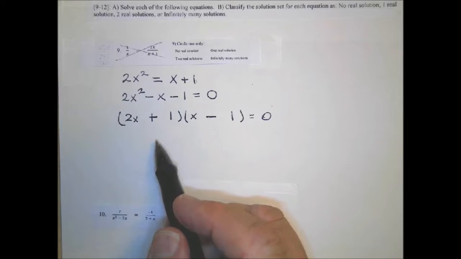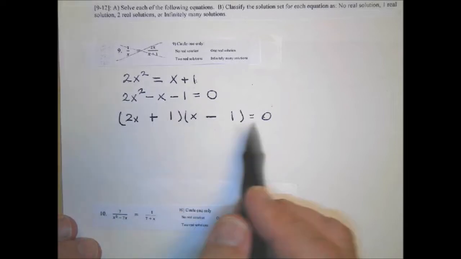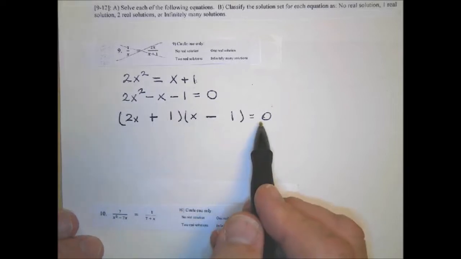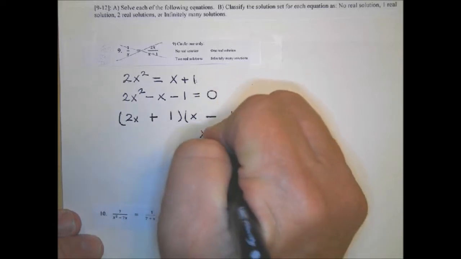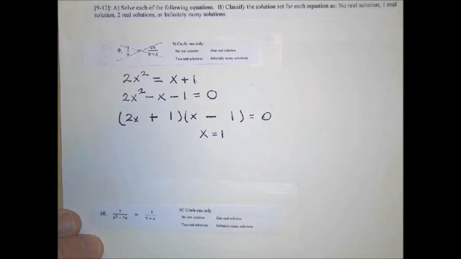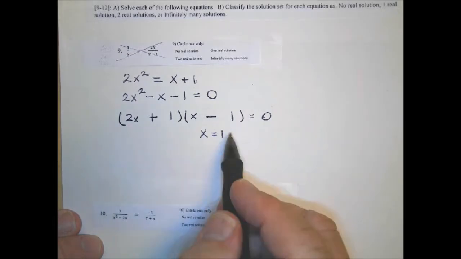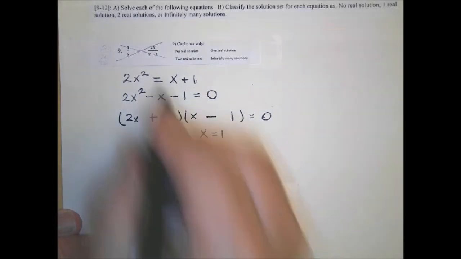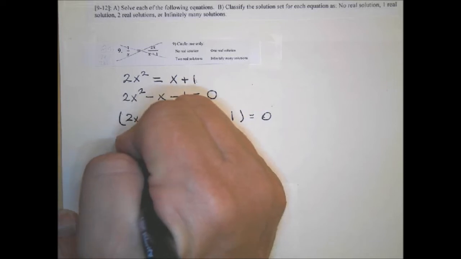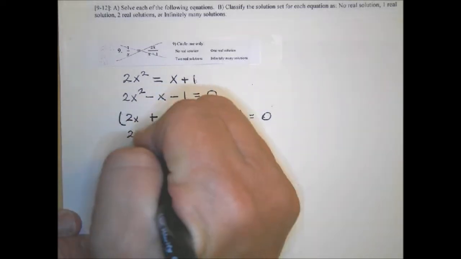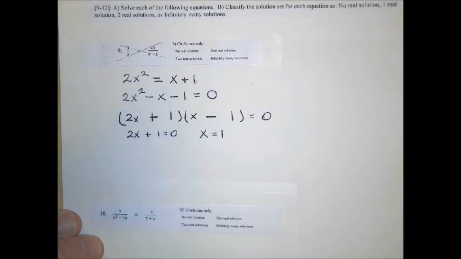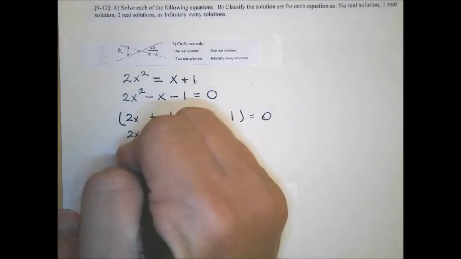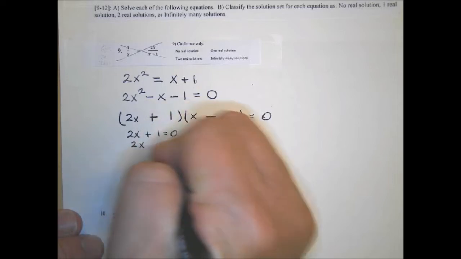So now that I have the problem fully factored, I need to take it to the next step, which would be the solutions. So this one would be x equals 1, because 1 minus 1 would be 0. Now on this one it might not be so obvious, or at least it wasn't to some of my students, so I'm going to set the factor equal to 0, 2x plus 1 equals 0, and then I'm just going to do the steps that it takes to solve.